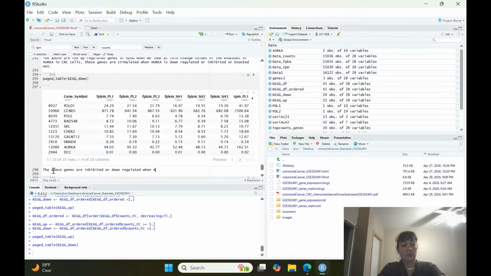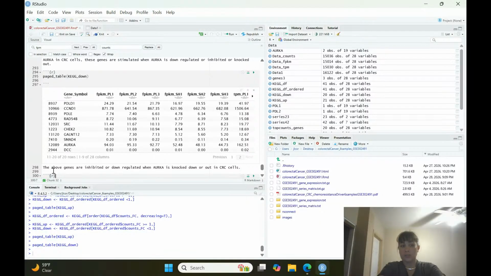Down-regulated when it's knocked down out in CRC cells. Okay.